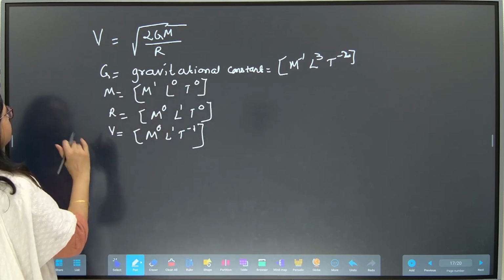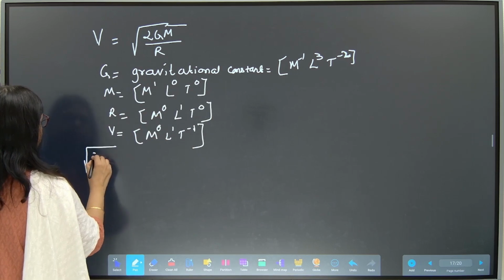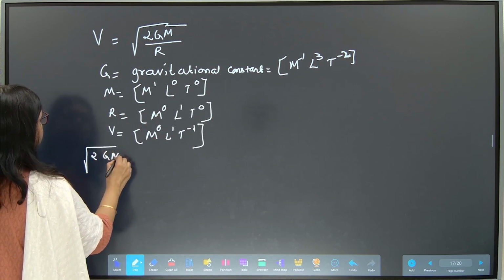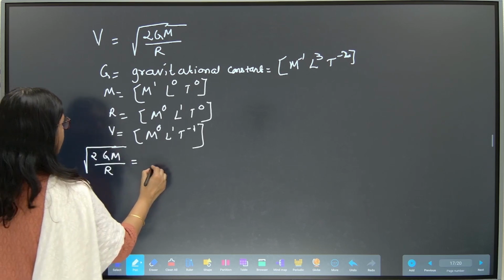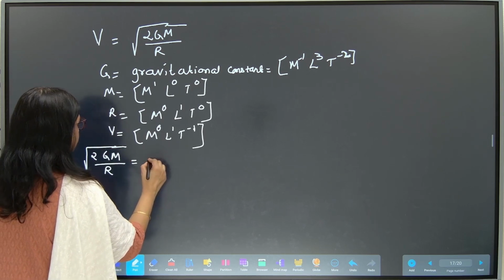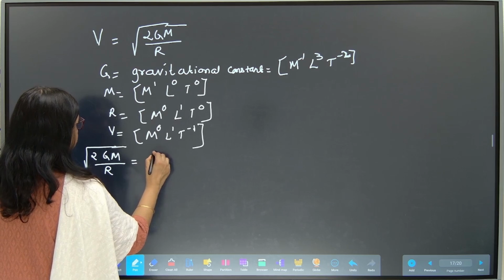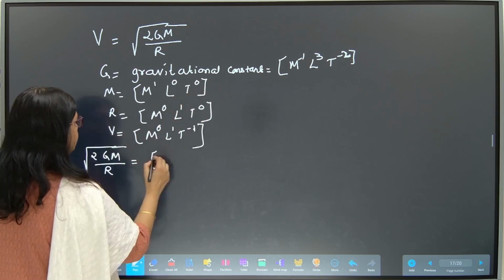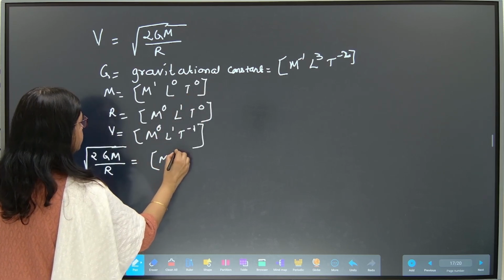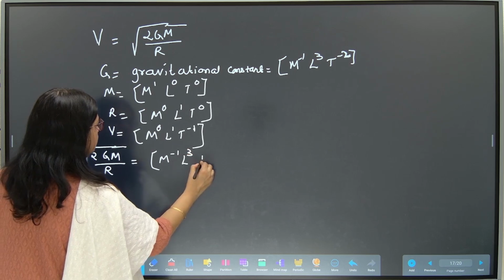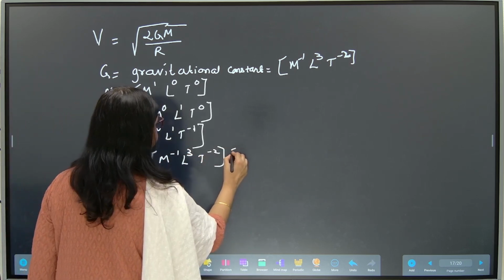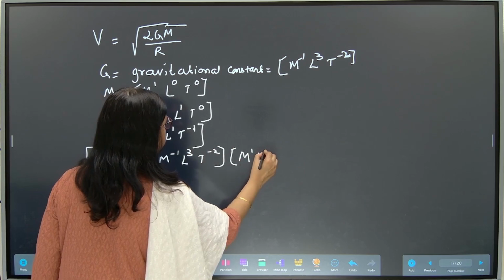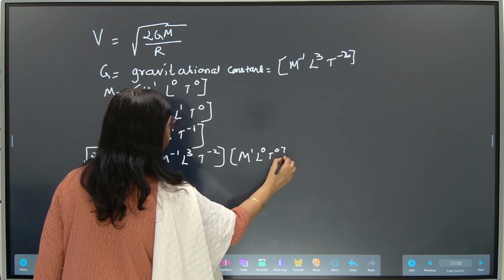So slowly we will do our work. Very carefully you do it so that you make no mistakes. Fine. Okay. 2, as I said, is a constant, so I don't need to worry. G. I am writing G from here: M raised to minus 1, L raised to 3, T minus 2. I am writing M: M raised to 1, L raised to 0, T raised to 0.